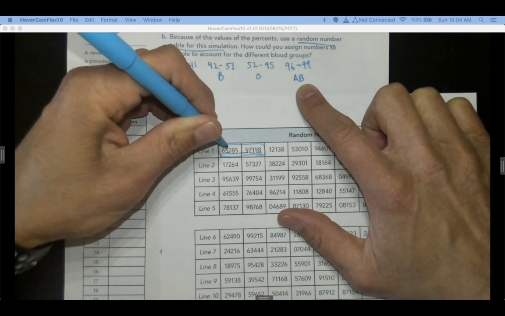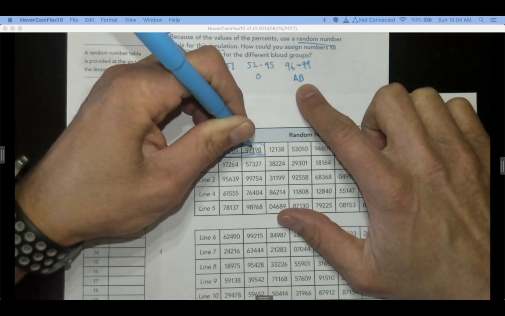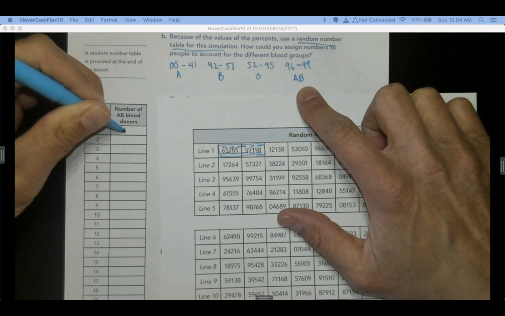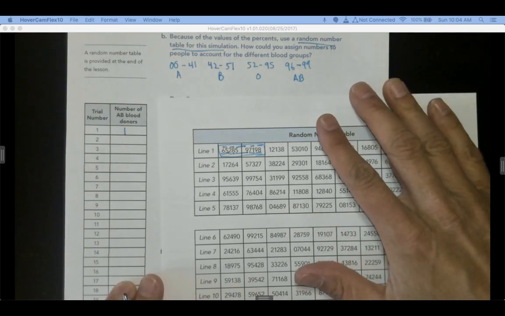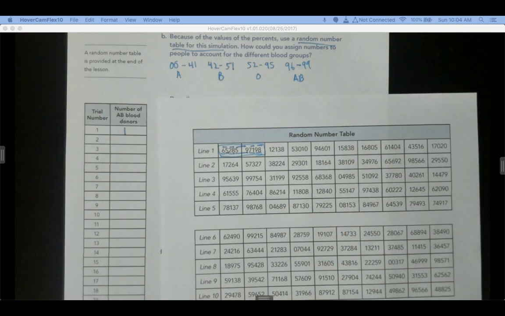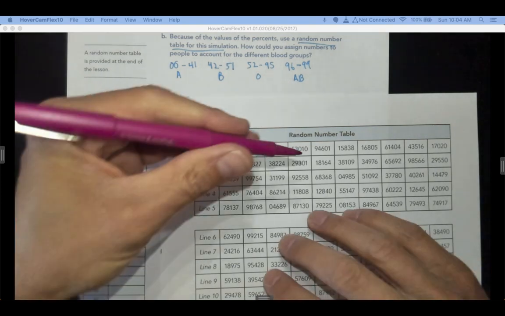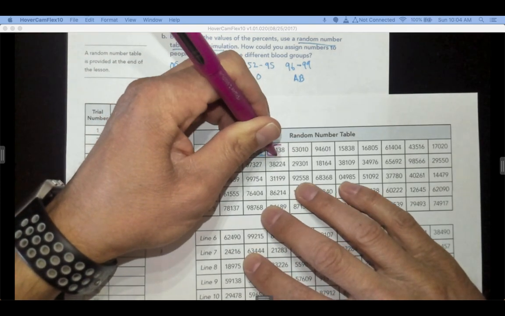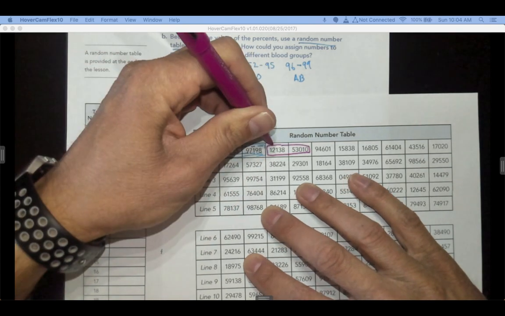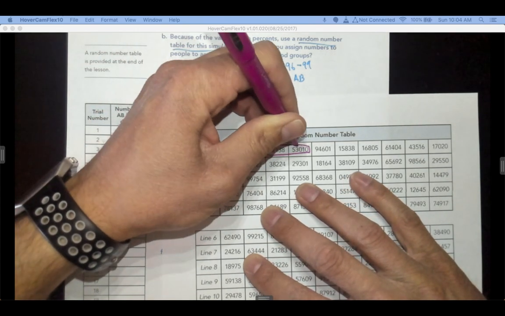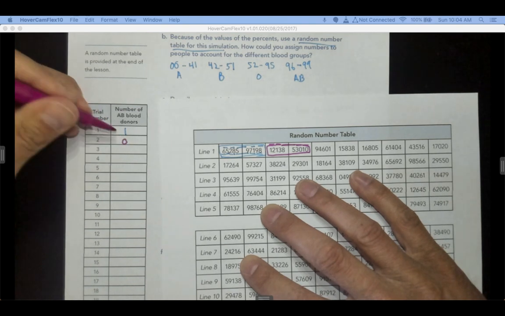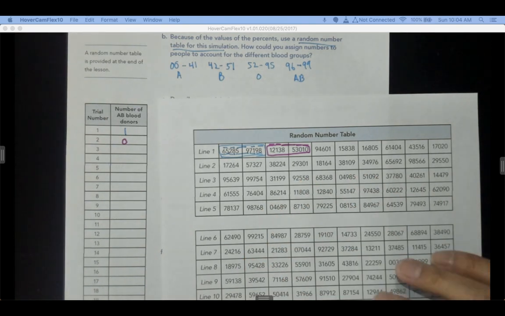So 65, 28, 59, 71, 98. So there was 1. Okay. Maybe I'll go back and forth with 2 different colors here. It's 5 people with 2 numbers each, so this is the next set. So 12, 13, 85, 30, and 10 has 0 people with AB donors. Okay.